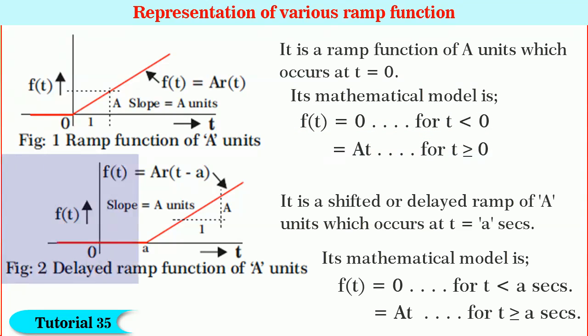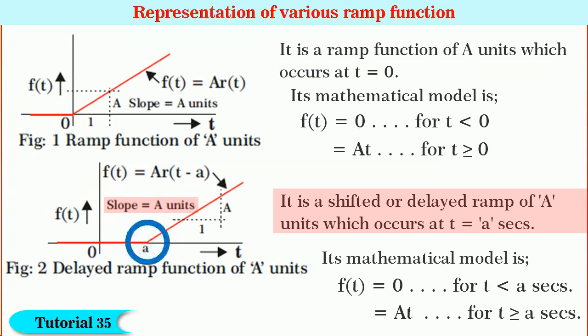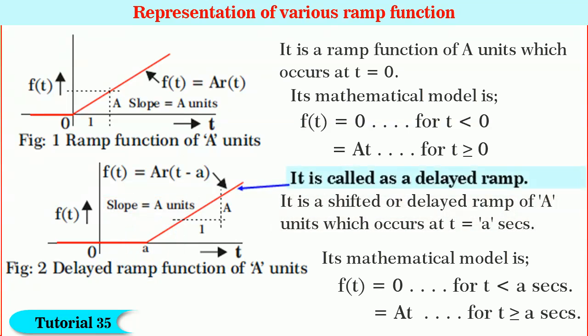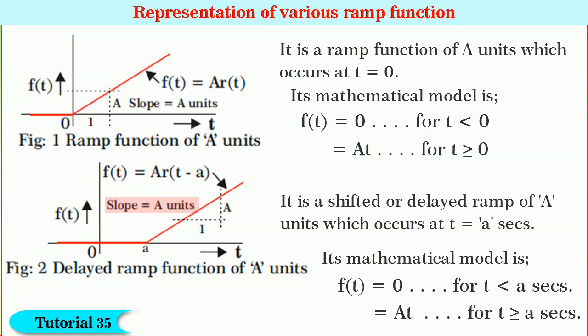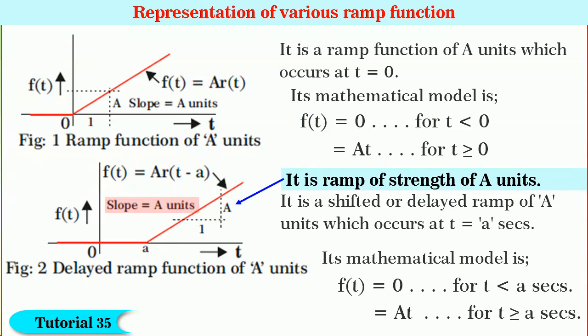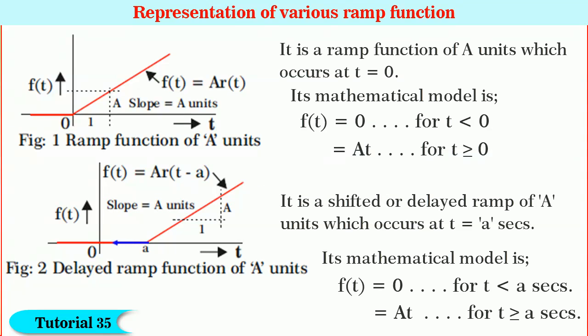Next, consider another ramp shown in figure 2. Observe the function. It is a shifted ramp of A units which occurs at t equal to a seconds as shown. It is also called a delayed ramp. Its slope is equal to A units, so it is a ramp of strength A units. Its magnitude is 0 for t less than a seconds and it starts increasing at t equal to a seconds.